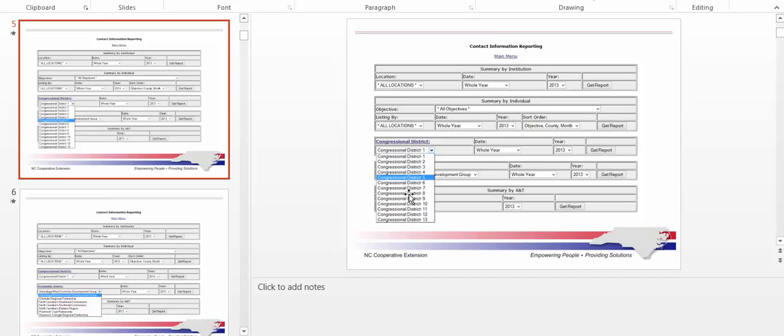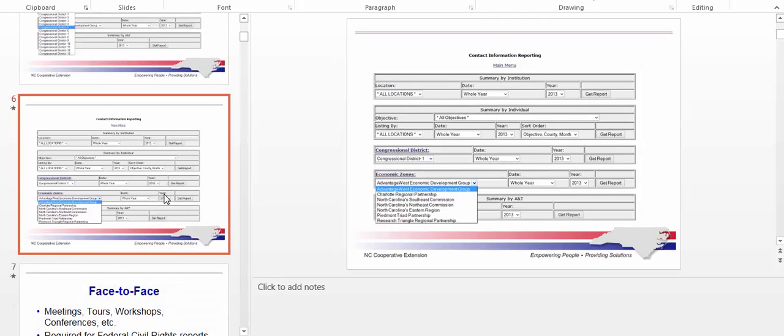So once you put your data in there, if a congressional district has a part of it in your county, that information will be sent to those folks in Congress. We also have economic zones, several of them across the state, and again, those populate themselves depending on where your county falls.